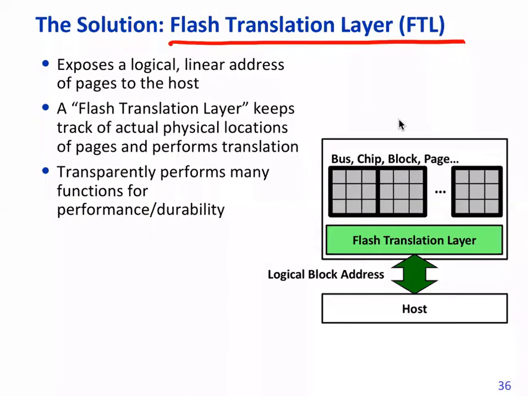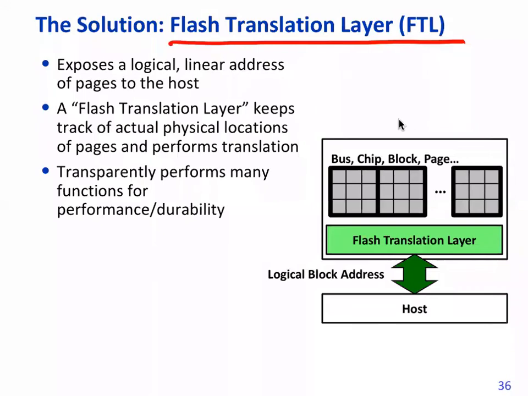Then if the remaining is to be utilized, and the process requires more pages than are available, then something that's valid can be moved somewhere else, that we have studied earlier, right?